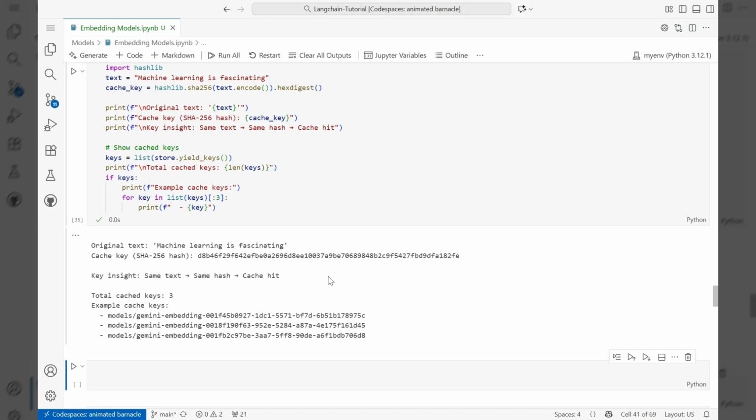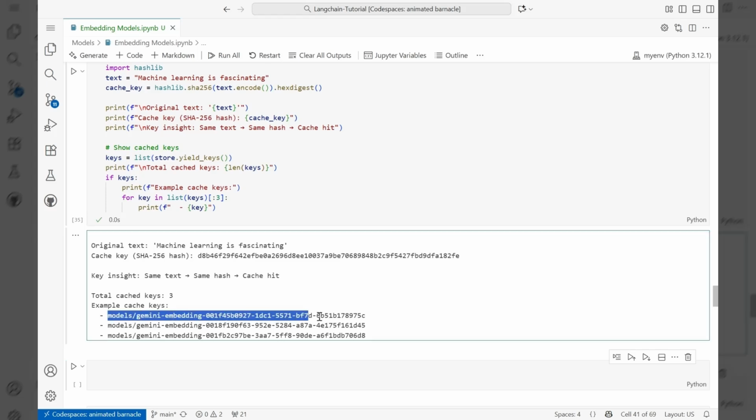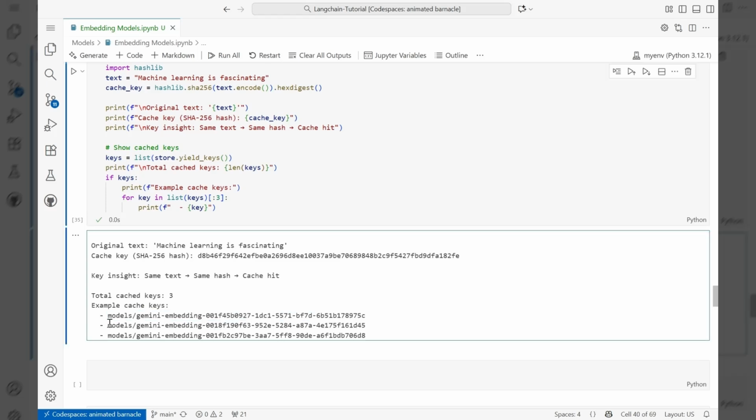Any small change to your text will create a different hash. If you see here, these are the three cache keys. And if you remember, I created a namespace, so it is getting that particular namespace here, and then it is getting the hash keys.